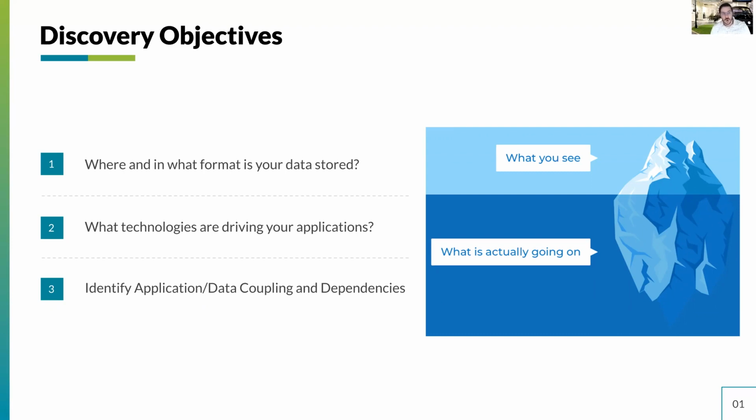We want to know what technologies are driving your applications and how they're connected, so that we can do a good analysis of this. And then we want to understand the application coupling between these environments. So we make sure we have a good idea of where our data is, what technologies are underlying this, and how they all interact together.